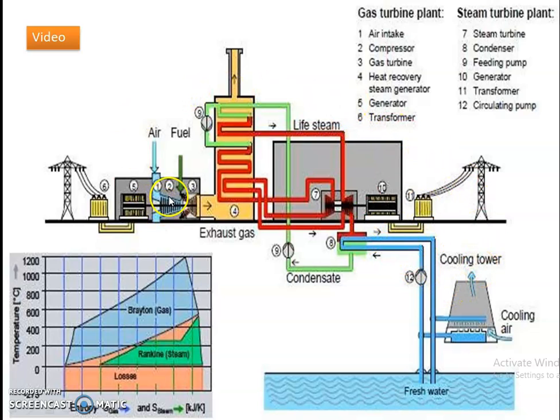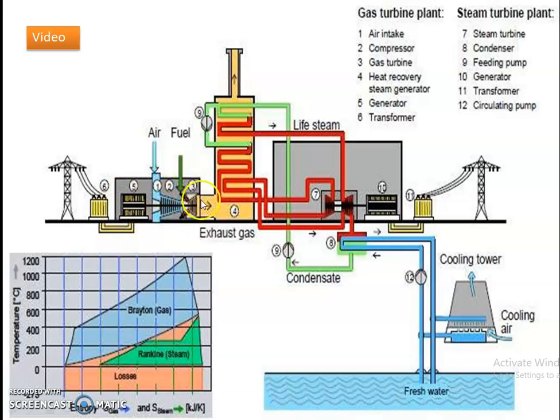In this topping cycle we produce electricity with the help of the gas turbine. High pressure air enters from the compressor to the combustion chamber, where fuel is also entering. After that the gas turbine rotates and we produce electricity.